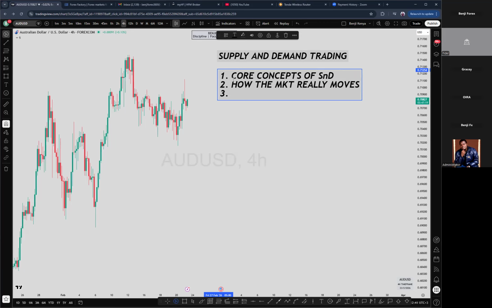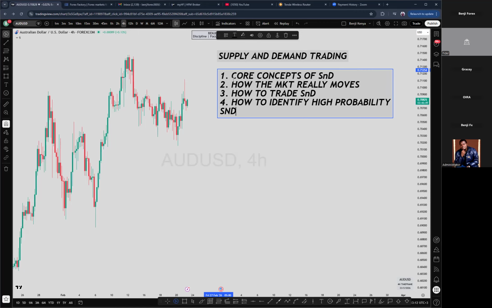Number three, how to trade S&D. And the last one is how to identify high probability S&D, supply and demand areas.